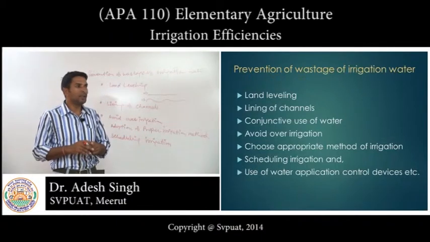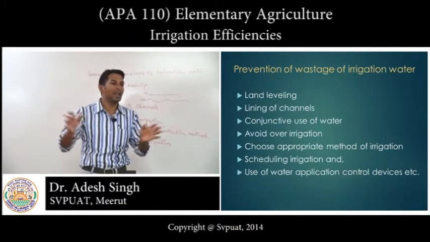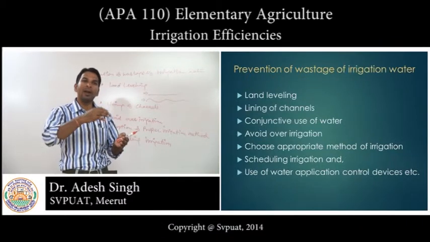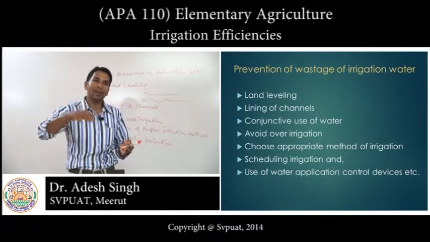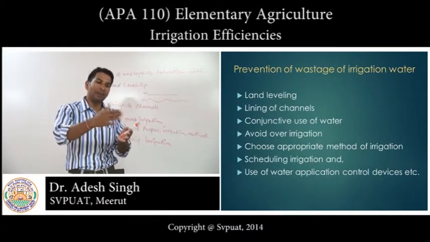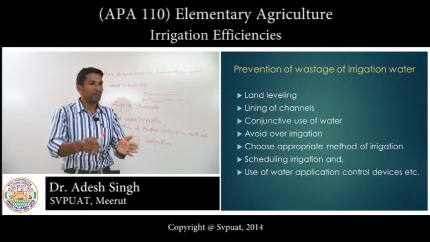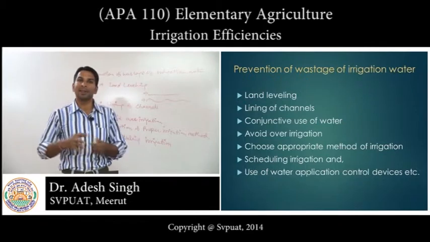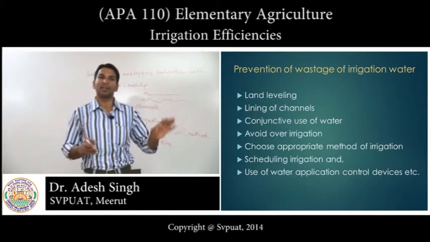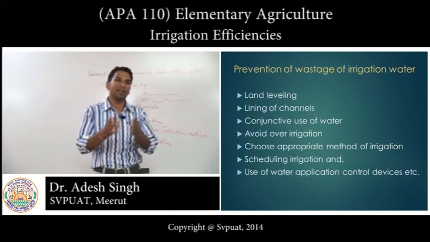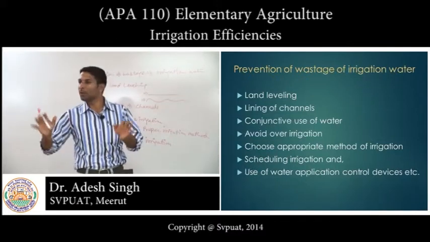It is not necessary that if water is freely available, then you will provide water to all the crops the day after tomorrow, or one day after the previous irrigation, or keep complete submergence. This is totally a wastage of water. So proper scheduling means applying water as and when it is actually required by the crop plants.